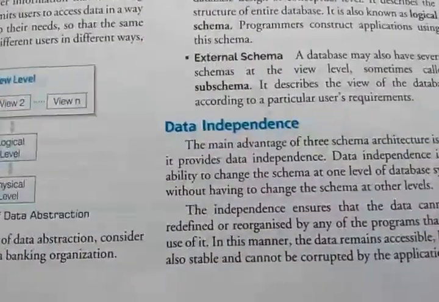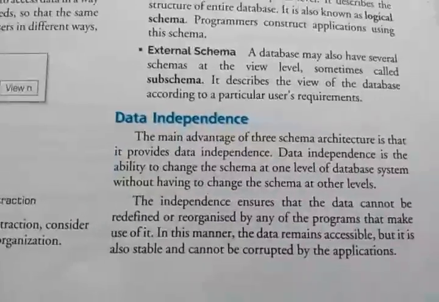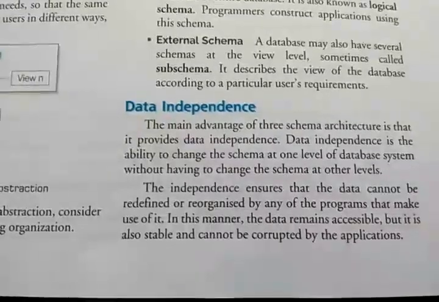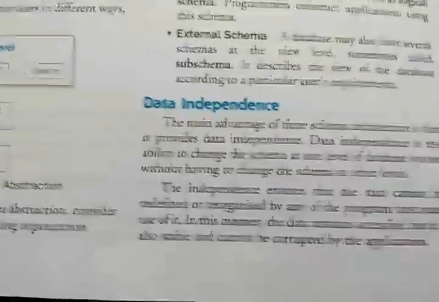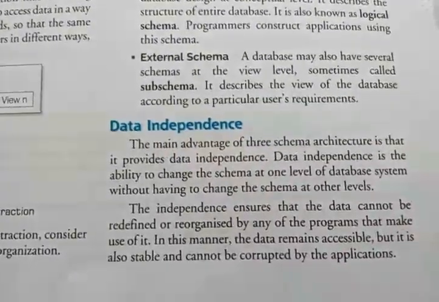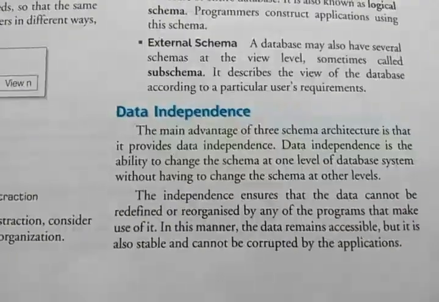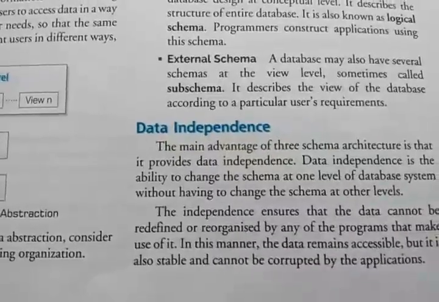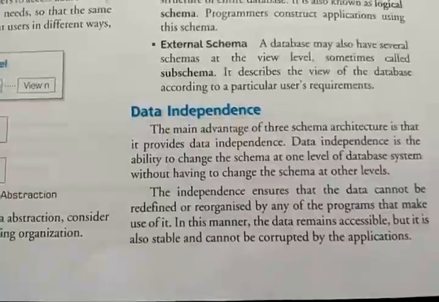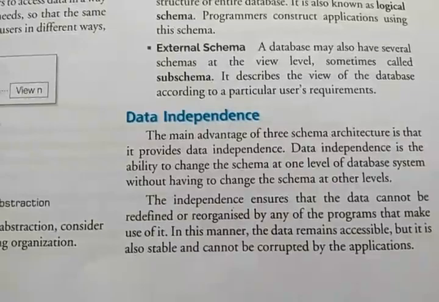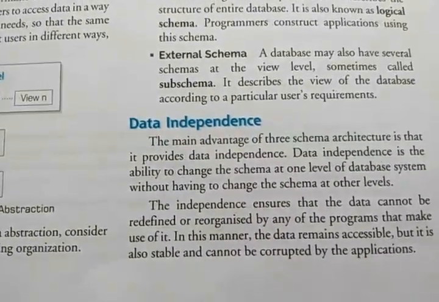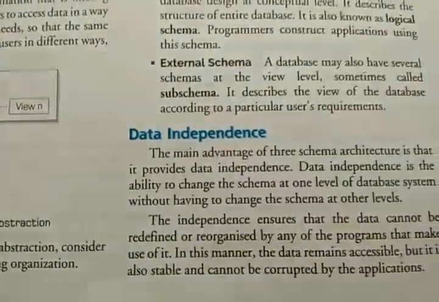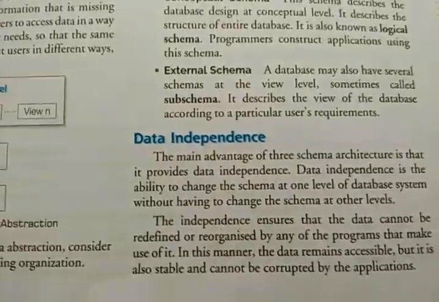The next thing is database independence. What do we mean by database independence? If we change the database at one level, the effect of this should not be seen at the next higher level. So database independence is the ability to change the schema at one level of the database system without having to change the schema at other levels.